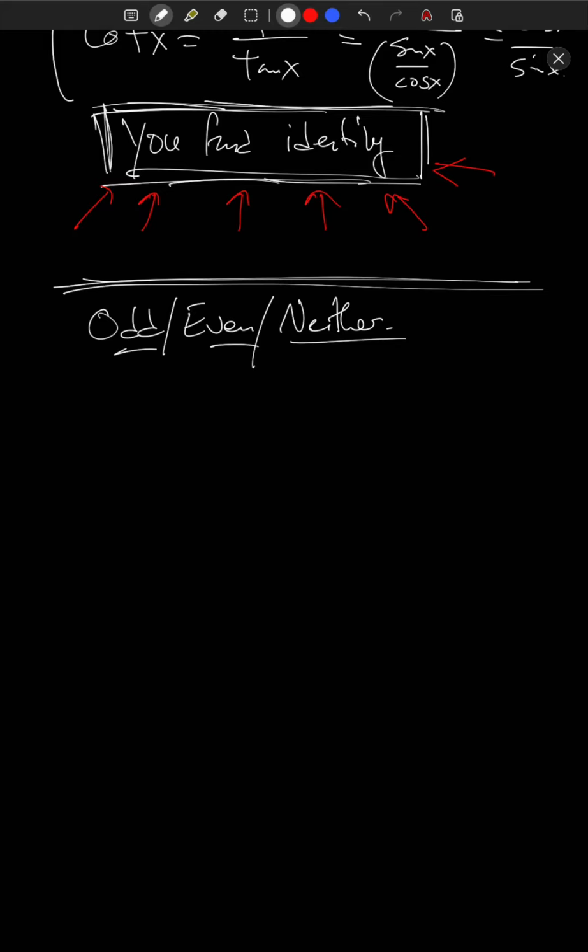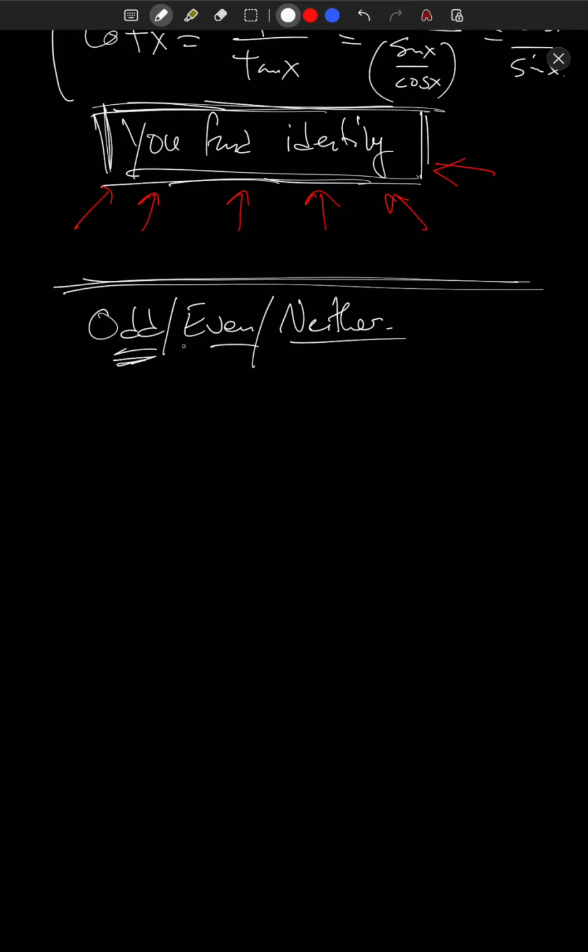For an odd function, you can also say its graph has symmetry about the origin. For an even function, you can say its graph has symmetry about the y-axis. But we're not going to use that much in our class. You'll see that concept of the symmetries of a graph if you take pre-calculus.